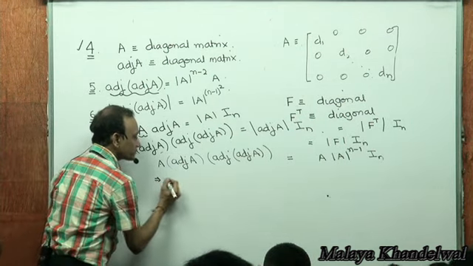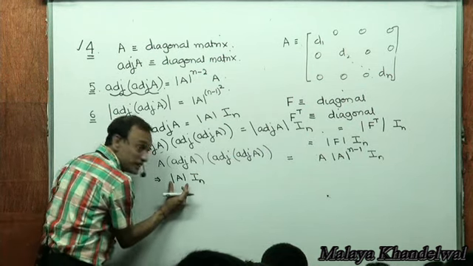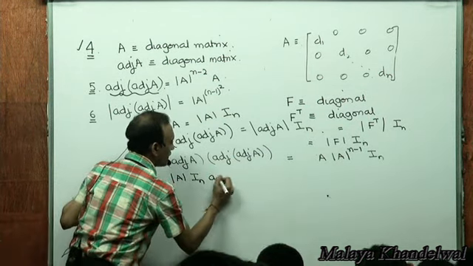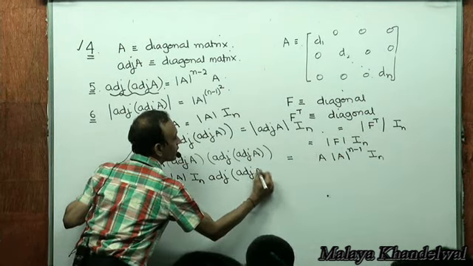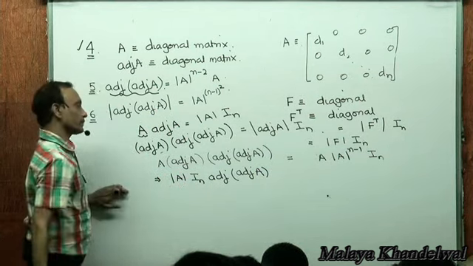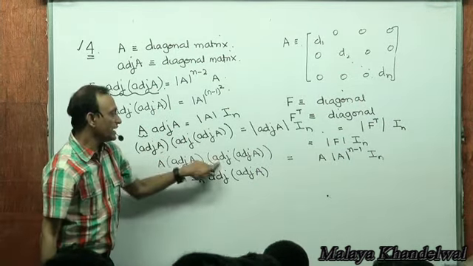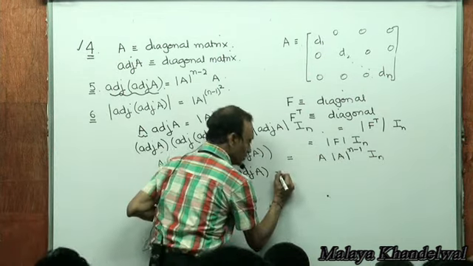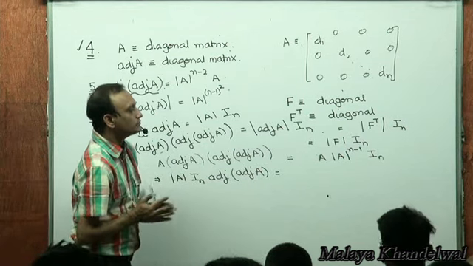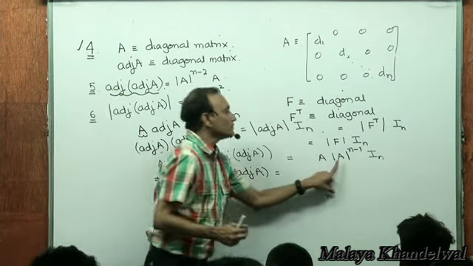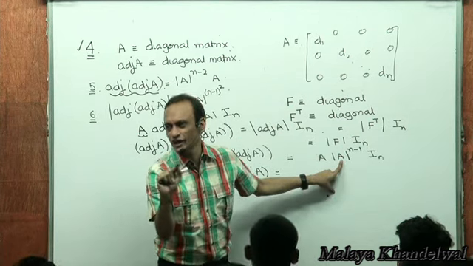So this is like determinant A I n, and determinant A is a scalar, times adjoint of adjoint A. Adjoint of adjoint A equals, now this is a scalar, and the scalar has free passage in an equation.